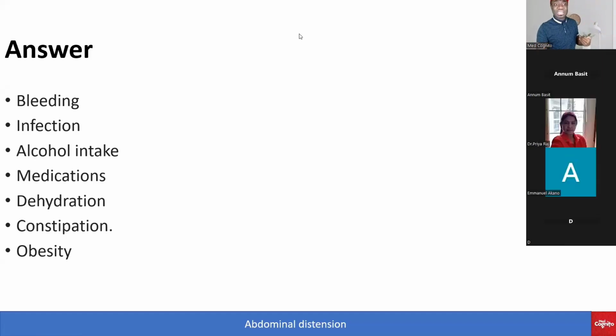So the patient already has cirrhosis and now keeps drinking alcohol. That is bad. Even some medications as well. And I think somebody wrote dehydration. Dehydration can lead to some form of sodium retention, even constipation. And if the patient has liver disease and the patient becomes obese, why?